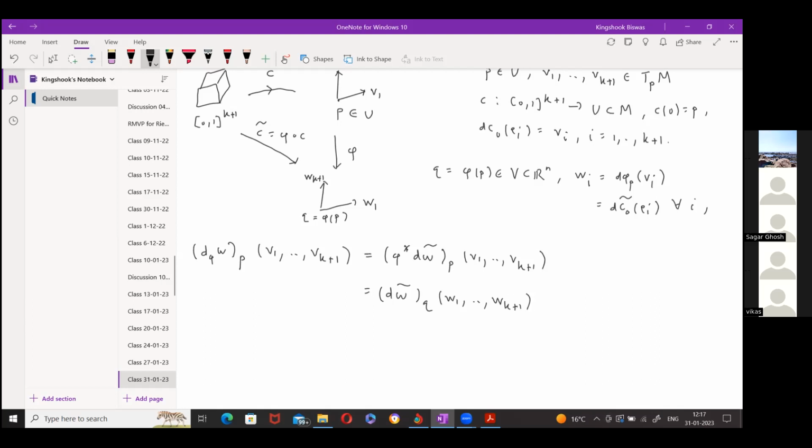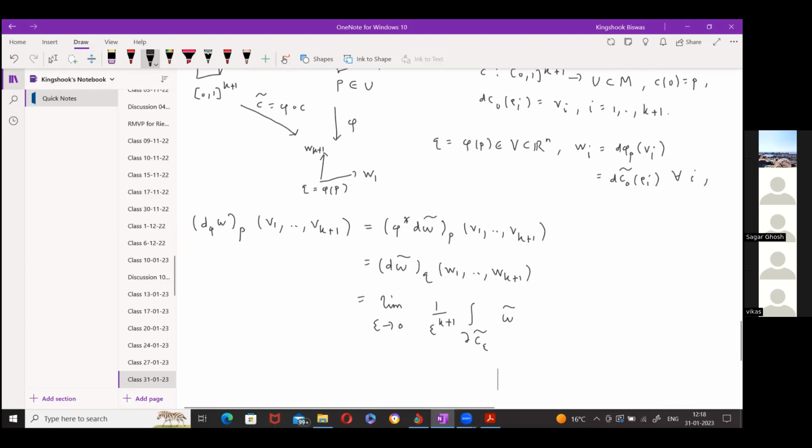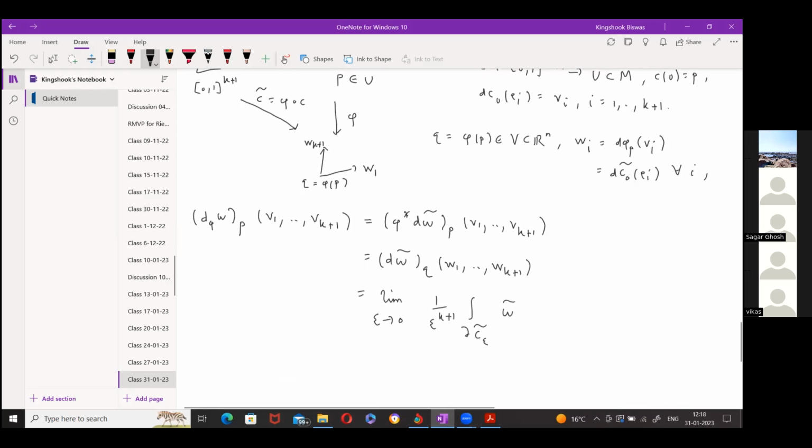And this, by the property of the exterior derivative in Rn, is the limit as epsilon tends to 0 of 1 over epsilon to the k plus 1, the integral over the boundary of C tilde epsilon of omega tilde, right? But what is C tilde? This is phi composed with C, right?